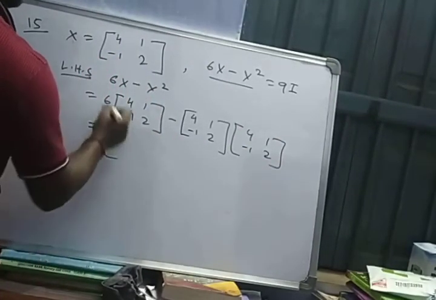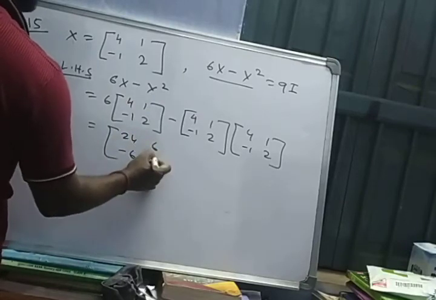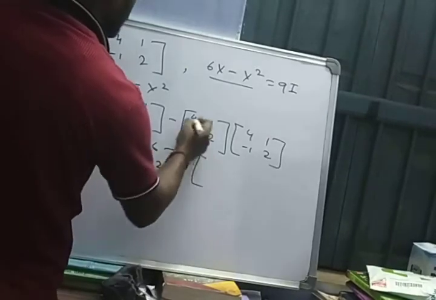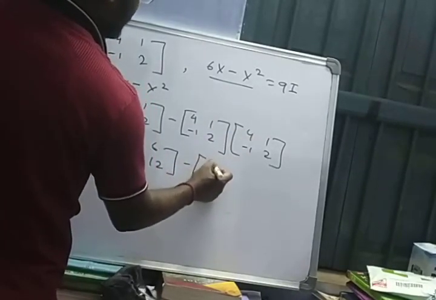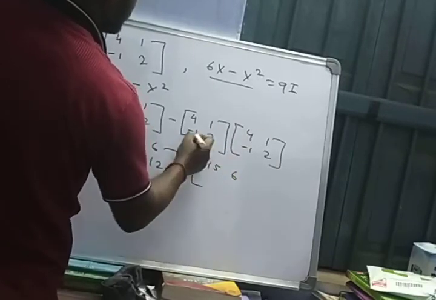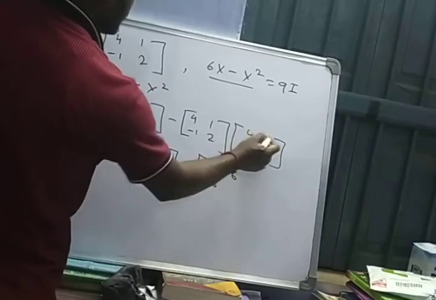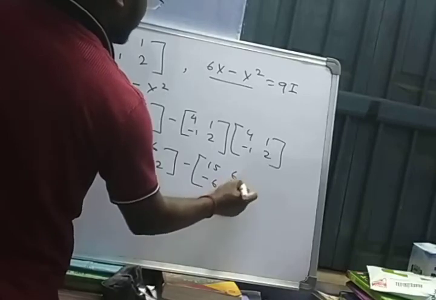Now 6 4s are 24, 6 1s are 6, minus 6, 12, minus 4 4s are 16, minus 1, 15, 4 1s are 4 plus 2, 6, minus 4, minus 2, minus 6, minus 1 plus 4, 3.